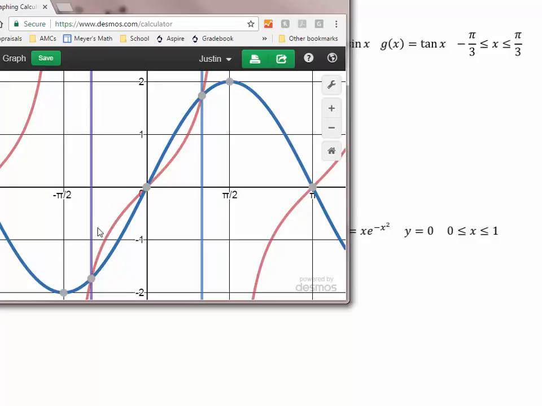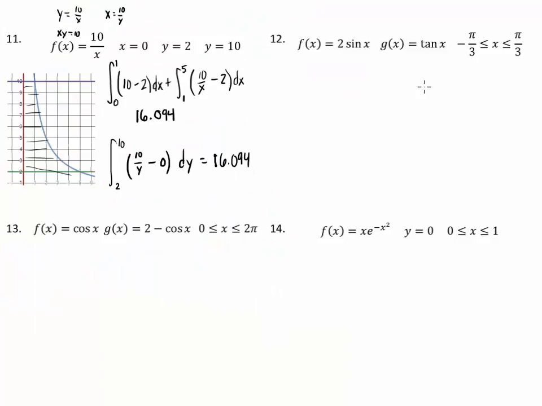So let's do this. Let's just times it by 2. So we're going to go from negative pi thirds to 0. Those are going to be our bounds, with my tangent equation on top and my sine equation on the bottom. So we've got negative pi thirds to 0 with our tangent function on top minus the bottom, 2 sine of x. And there we go. Oh, and I want to times it by 2.